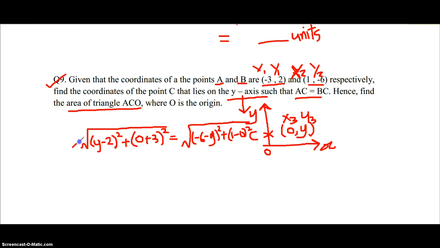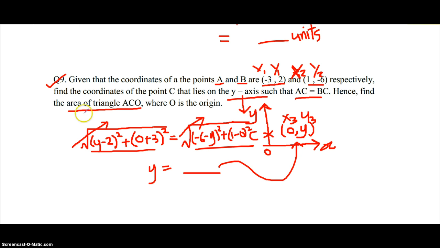Then your next step should be removal of your square root, where you are just left with the inner parts. Then you expand them and then you solve for your y coordinate. So once you get your y coordinate, you then sub into this and you will know the coordinates of point C.